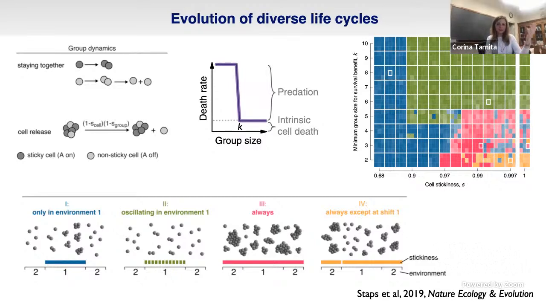So for example, this metazoan-like life cycle that I just described. There's also this 4th one that basically is express gene A all the time, except for one point where you don't, just at the switch between environment 2 and environment 1, where all of the cells collapse, but then immediately they express gene A again, and then immediately they start building groups.